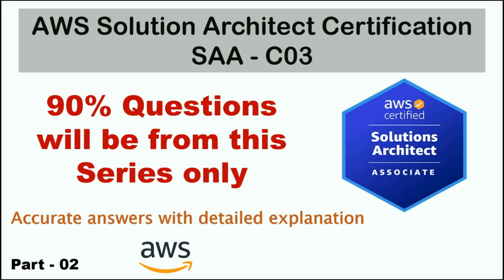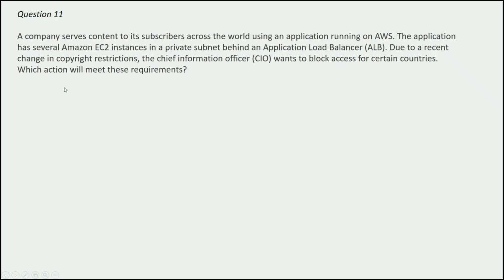So let's start with our first question of this video, and this is going to be question 11. A company serves content to its subscribers across the world using an application running on AWS. The application has several Amazon EC2 instances in a private subnet behind an application load balancer. Due to a recent change in copyright restriction, the Chief Information Officer (CIO) wants to block access for certain countries.